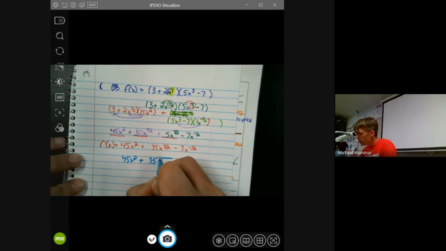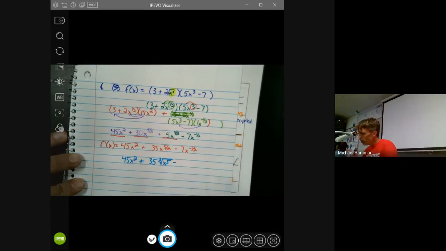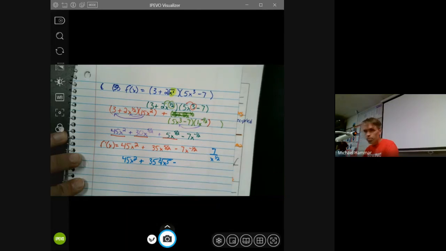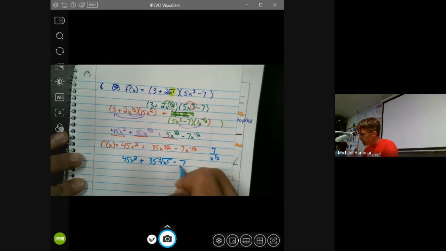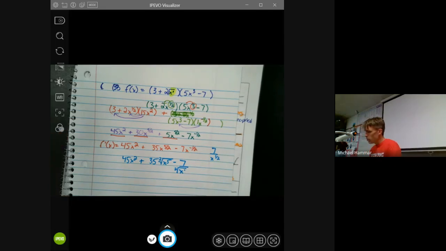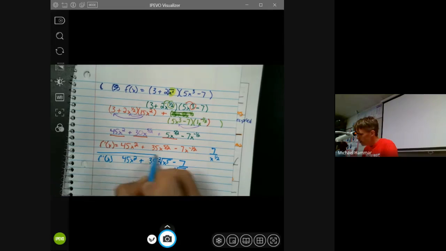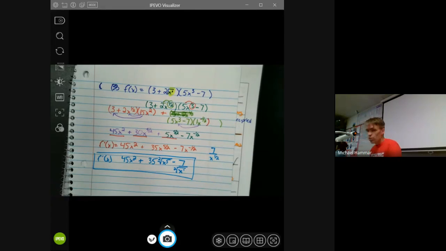So this is going to be the square root of x to the 5th minus, remember, a negative 1/2 moves it to the bottom. So we're going to have 7 over x to the 1/2. But we should put it as a square root. So it's going to be minus 7 over the square root of x to the 1st power. So this will be our final derivative using the power rule.